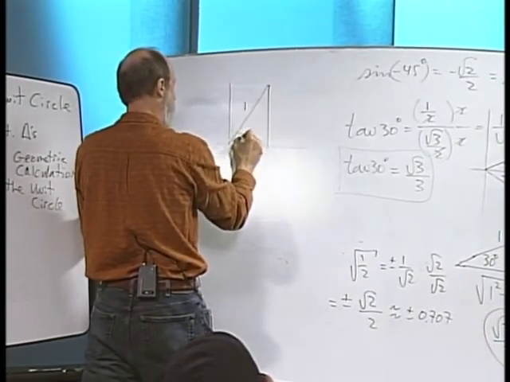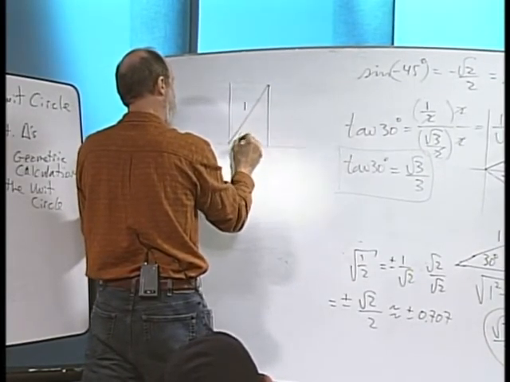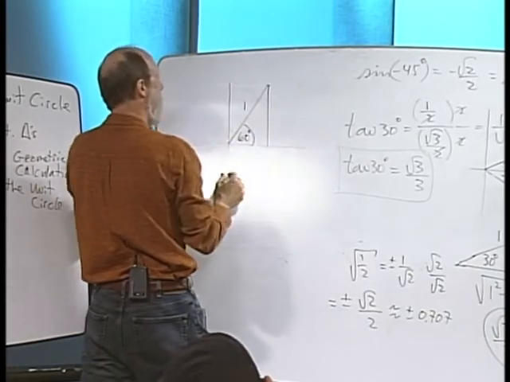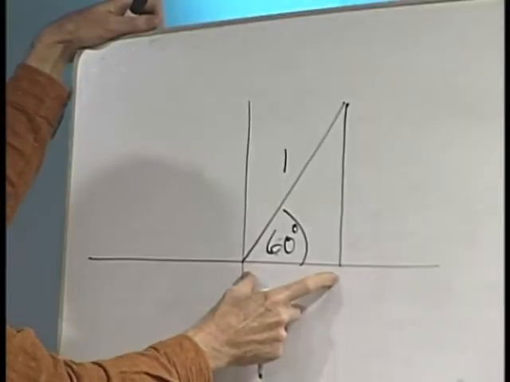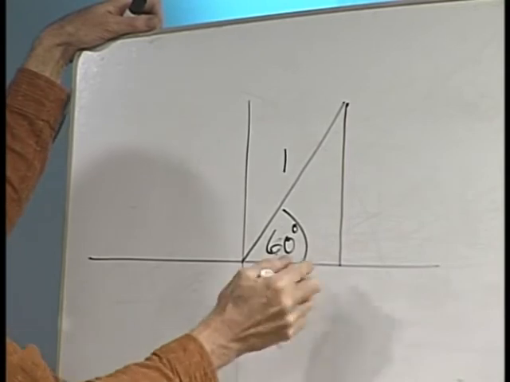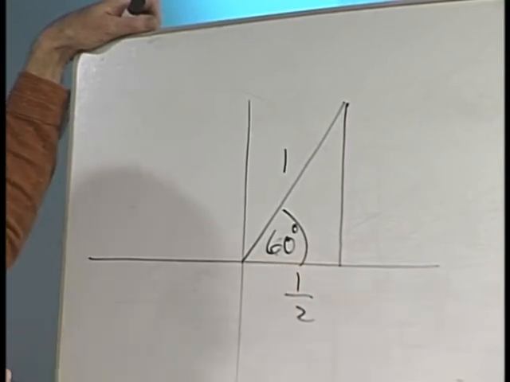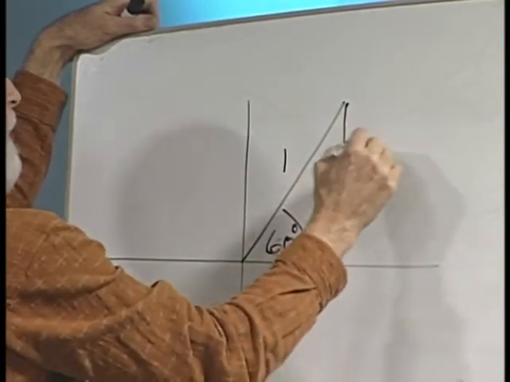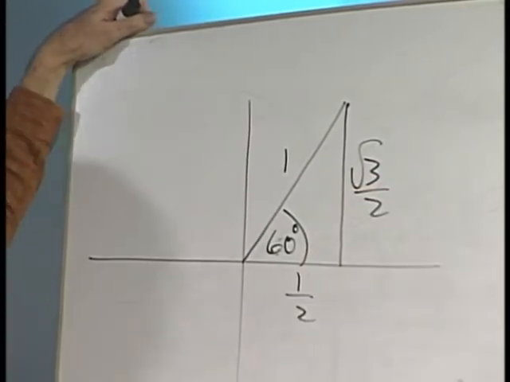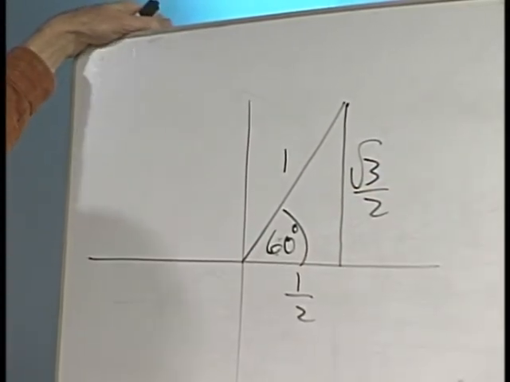This time I turn it and I make this angle 60 degrees. This leg right here is clearly 1/2, and that other leg is clearly square root of 3 over 2. So we don't have to do a new problem. All we do is take that triangle and turn it.